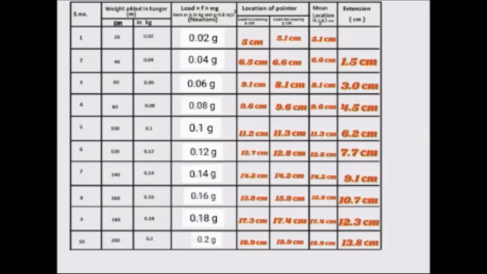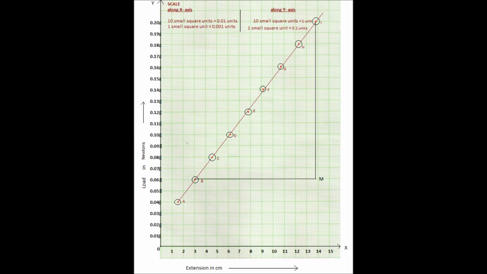Now we will plot the graph between load and extension. Now we have obtained a straight line curve from the readings observed. Here we have taken the force in kgf so that it becomes easy for us to calculate the force in each case.